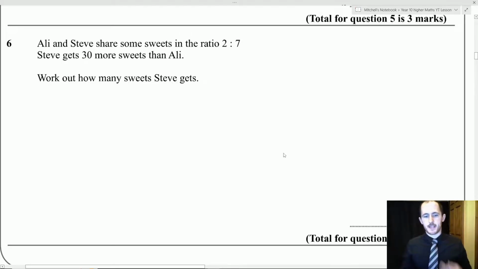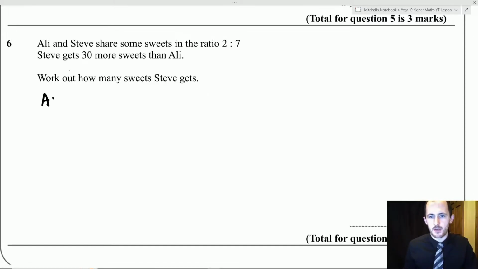So again, this is like a second go at not the last question, but the question before that. So Ali and Steve share some sweets in the ratio of 2-7. Okay. Steve gets 30 more sweets than Ali. So what we know here is that 5 parts equals 30.